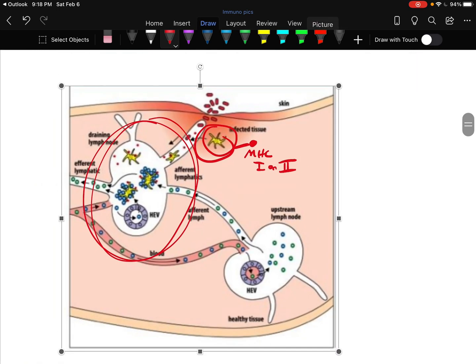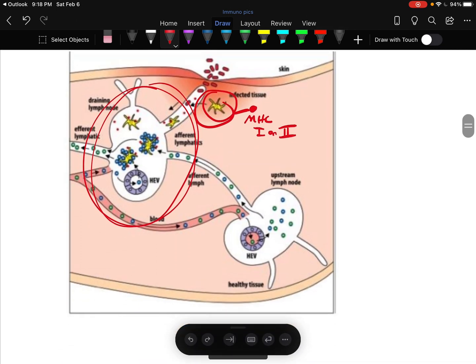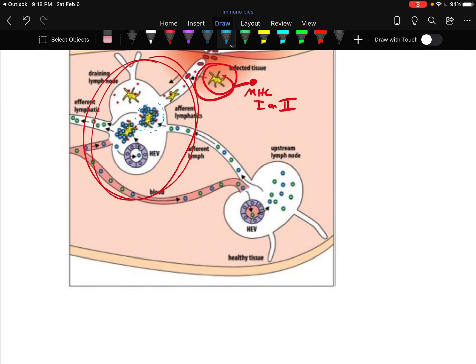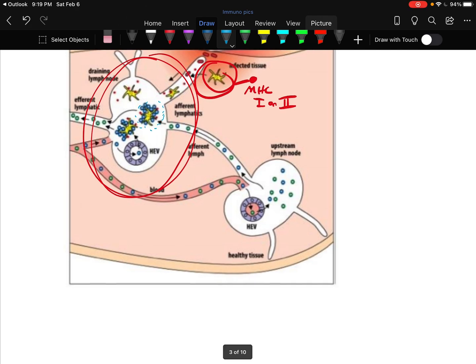So if we have another image, if you look closely here, you can see that all these little blue dots, these are T cells, and they're just observing the dendritic cell and observing if they can make a connection with it and sense which type of peptide or virus or pathogen is on the MHC.